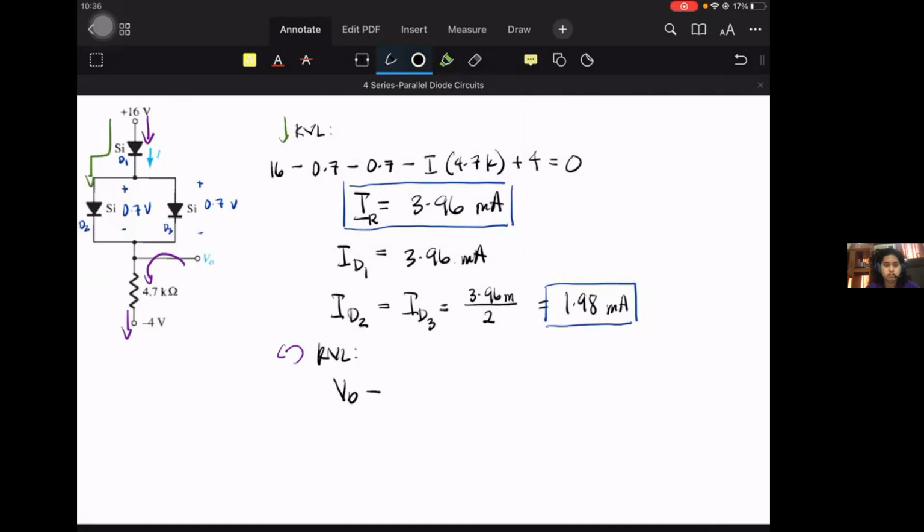VO minus I, which is 3.96 times 4.7, plus 4 gyapon plus 4, which is 0. VO, um, 14.6, 61 more or less.